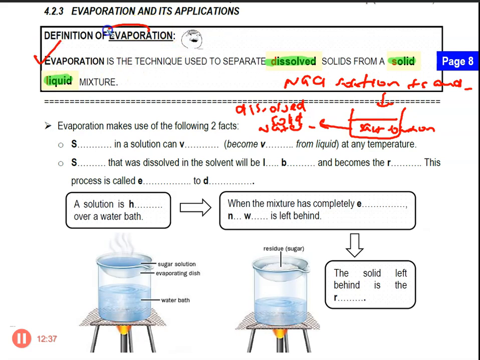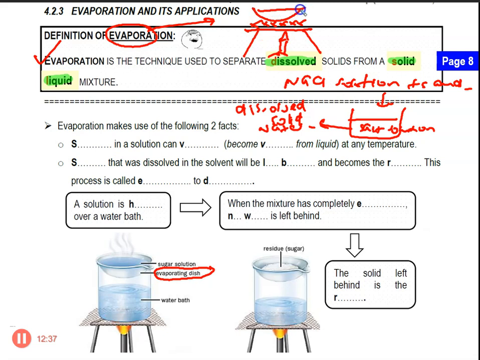And from the term itself, evaporation, you will have to use what apparatus here, which we learned in chapter 1? Good. Some of you all know how to draw it as well. We will have to use an evaporating dish. So we will use an evaporating dish on top of your wire gauze, and then we will put the wire gauze on top of your tripod stand, and we will use a Bunsen burner.